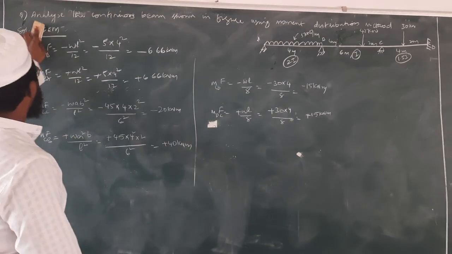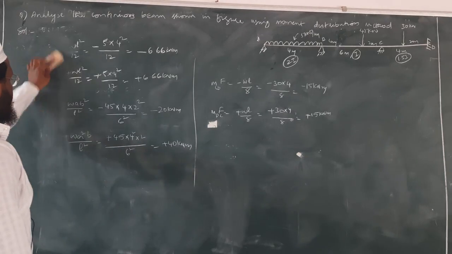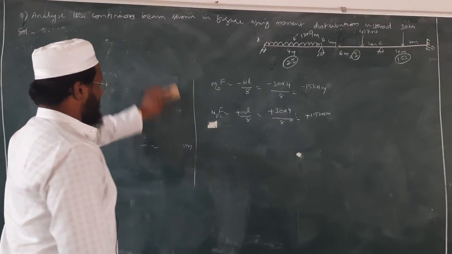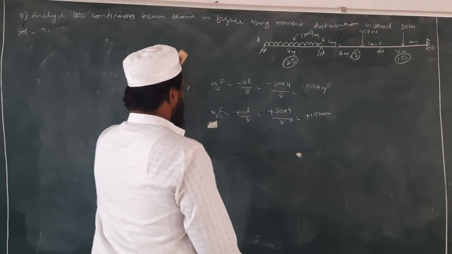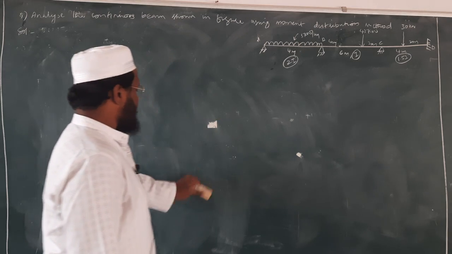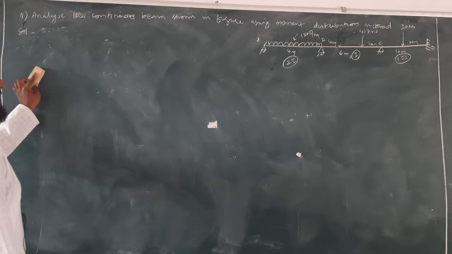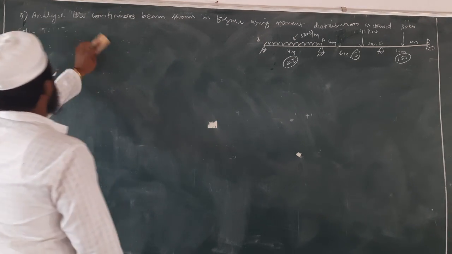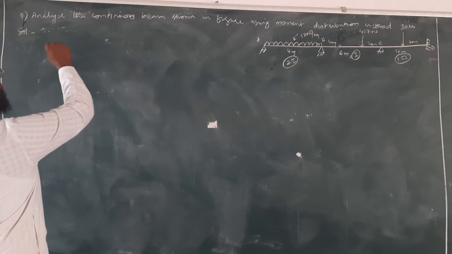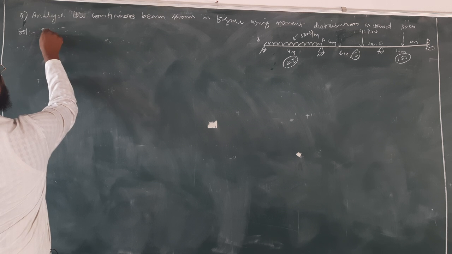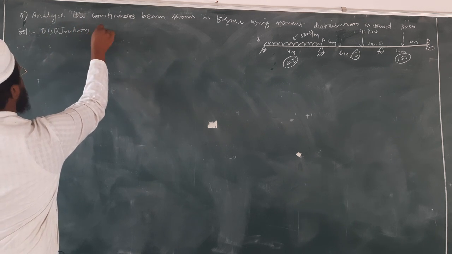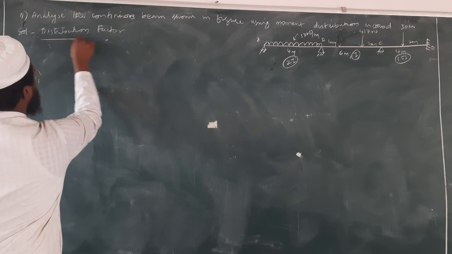So now we'll go for distribution factor. Very carefully you see here how to calculate distribution factor for this type of beam, since we have 3 spans, AB, BC, CD.